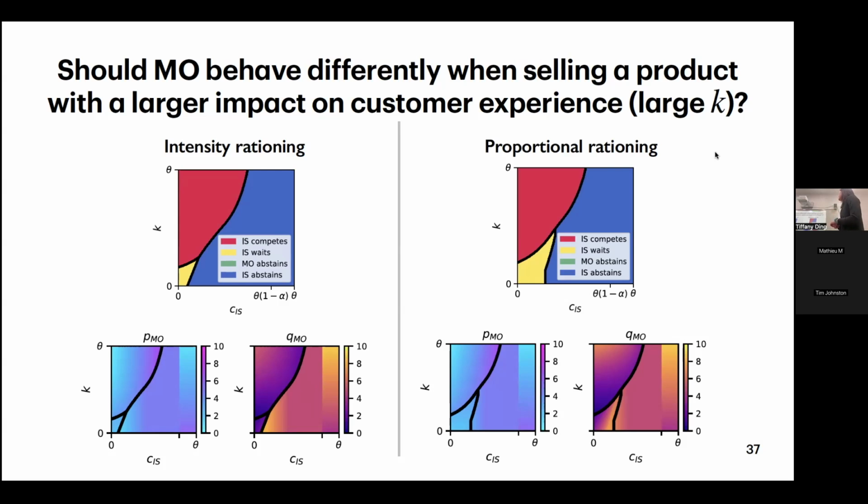But actually the way this is modeled is somewhat reflective of how it's thought about internally at Amazon. So that's one reason we have the K. It's not seen as a function of price, but yeah, I agree. We should also consider the impact of price.